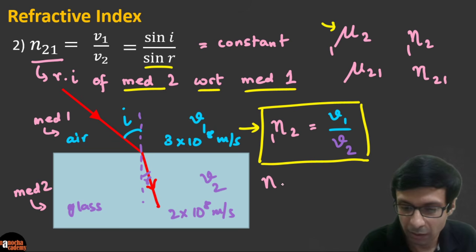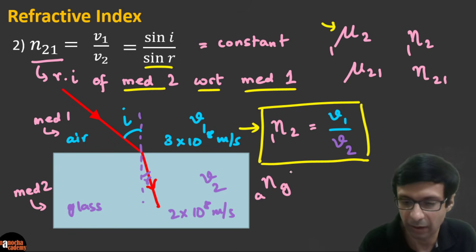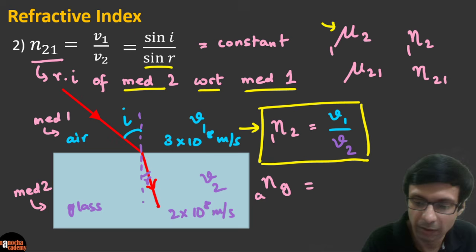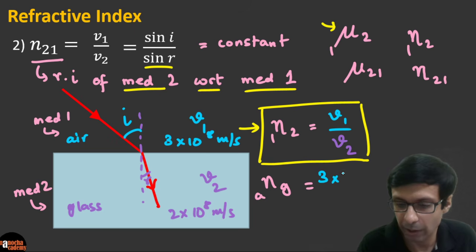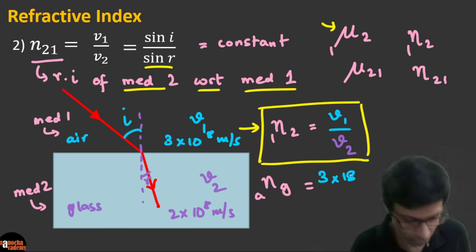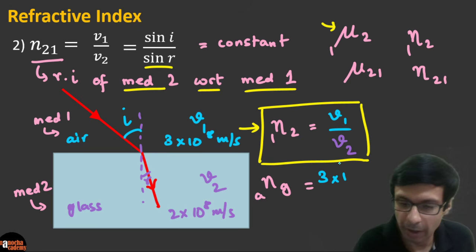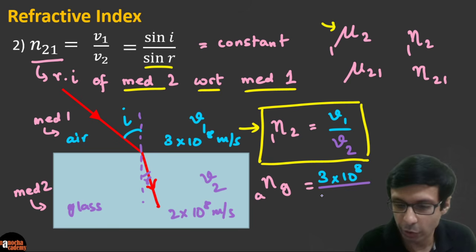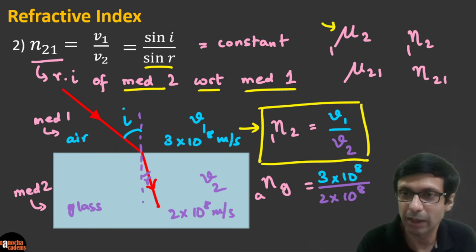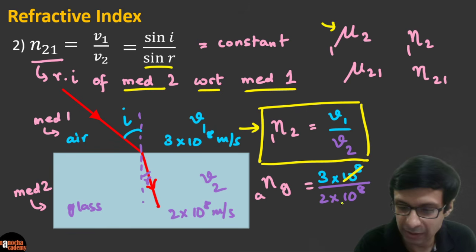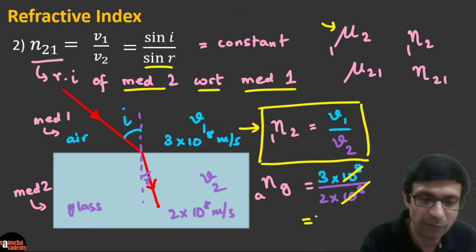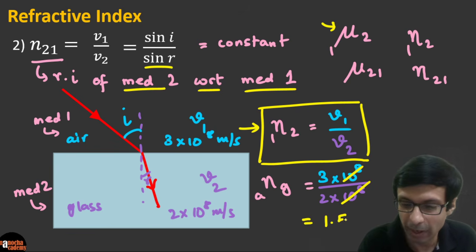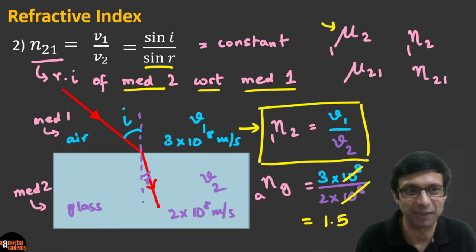N glass with respect to air, because 2 is glass here and 1 is air, is going to be 3 into 10 to the power 8 meter per second divided by 2 into 10 to the power 8 meter per second. If you work it out, meter per second gets cancelled, and the 10 to the power 8 gets cancelled. So what is the value we get? Again 3 by 2, which is 1.5.